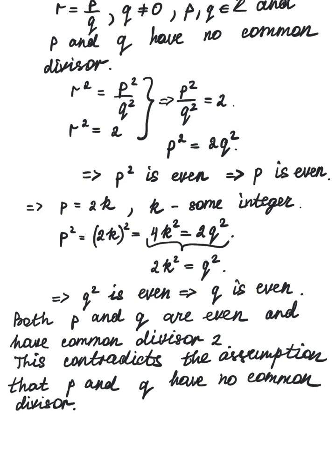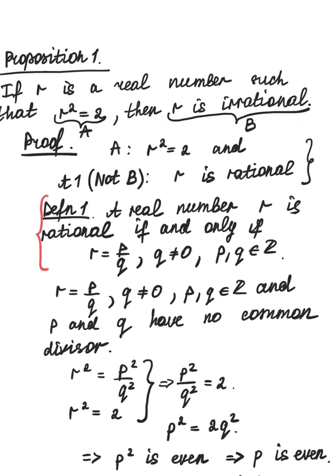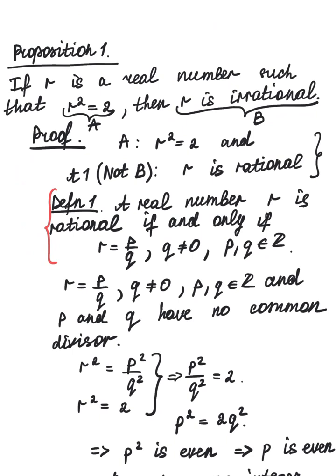So it means that r has to be irrational. We wanted to prove that if r is a real number such that r squared equals 2, then r is irrational. We assumed the condition of the statement, that r is a real number such that r squared equals 2, and we assumed that r is not irrational, so r is rational.